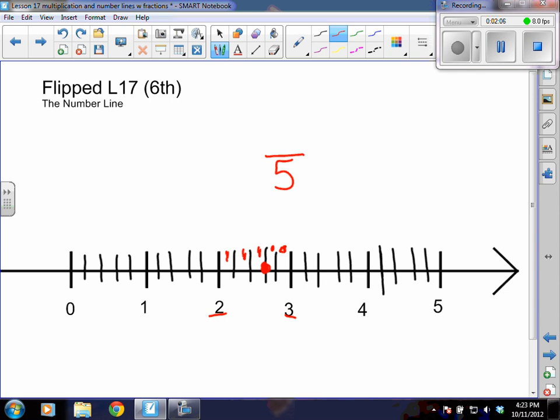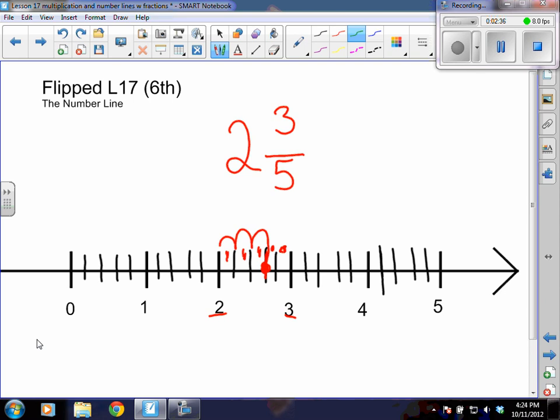Now we look at the line and we see that as we count the lines, we've gone 1, 2, 3, and now we have our dot right there on the third line. And so as we take a look at this number line and identify this, we would say that we are at 2 3/5.